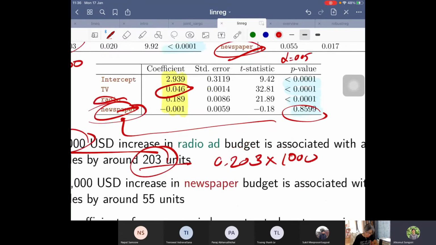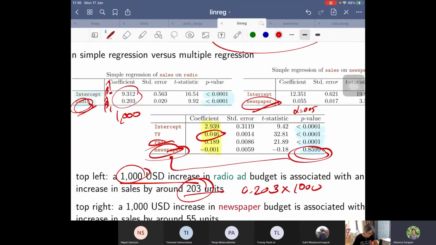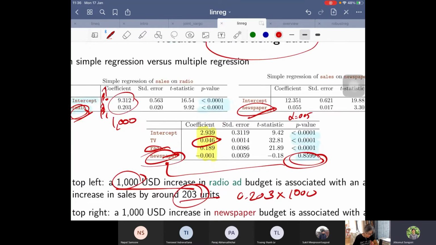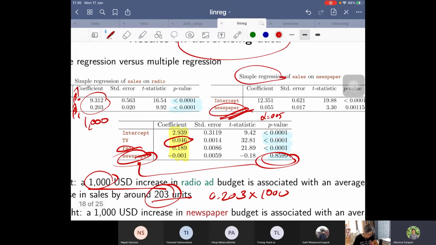Now go back to this result. Is it possible that when you run a simple regression, the newspaper is significant, but when you run a multiple regression and include everything, the newspaper becomes insignificant? It seems to contradict, the results between the simple regression and the multiple regression.